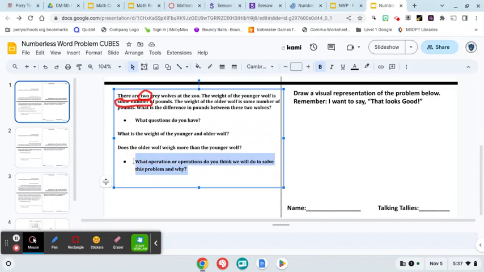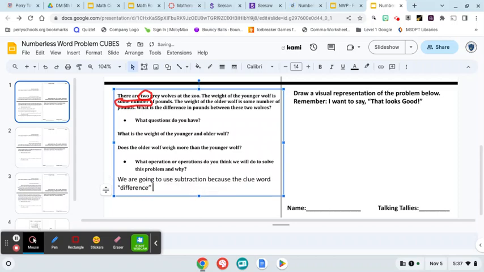Let's move on to the second part of this question. What operation or operations do you think we're going to use? Well, I know we are going to use subtraction, because the clue word difference means to subtract.